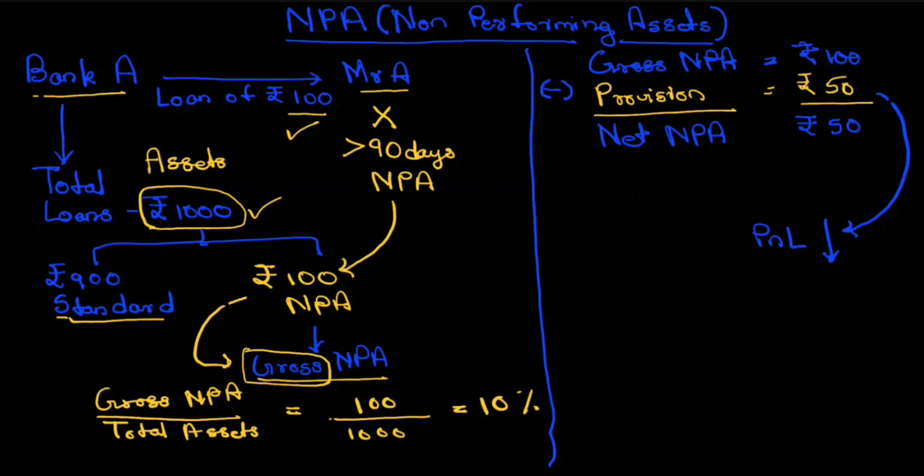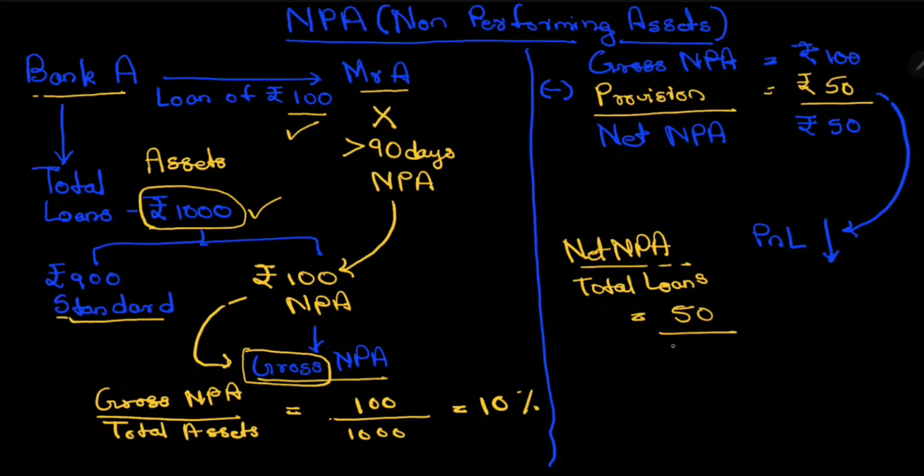Now that we have net NPA, let's calculate the net NPA ratio. Net NPA ratio's formula is similar to gross NPA ratio. Net NPA divided by total loans, which is equal to 50 divided by 1000 equals 5%.